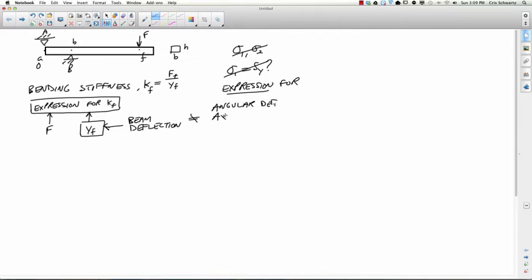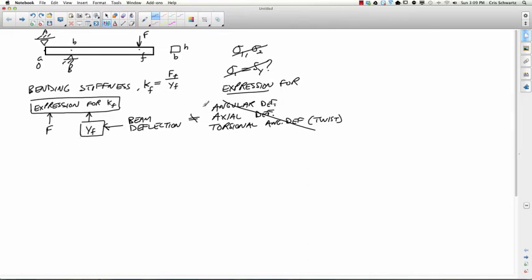It's not axial deflection. It's not torsional angular deflection, or what we would call twist. It's none of those things. It's beam deflection. So think, where does this Y come from?